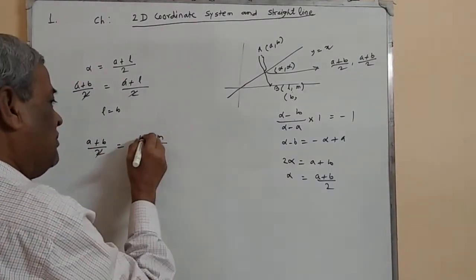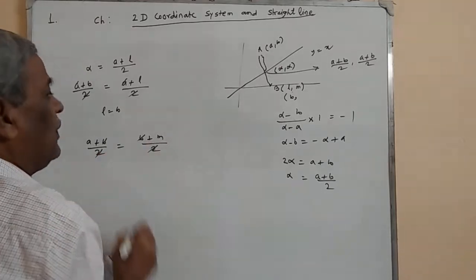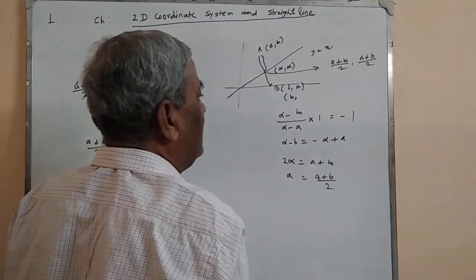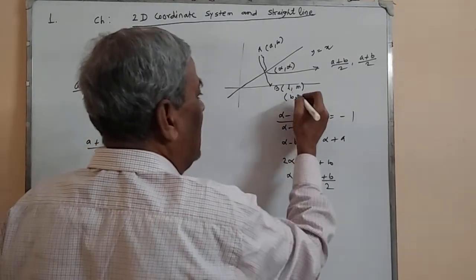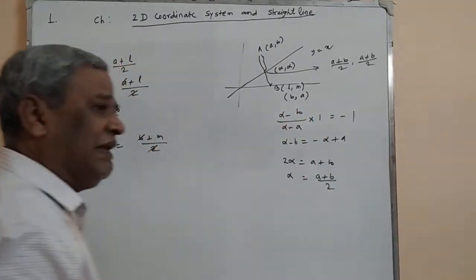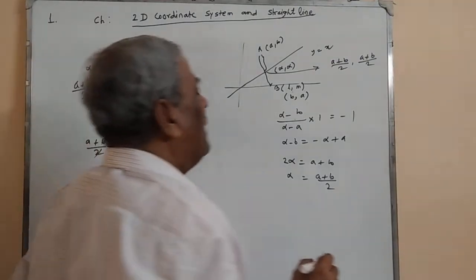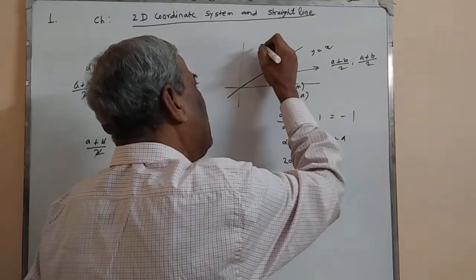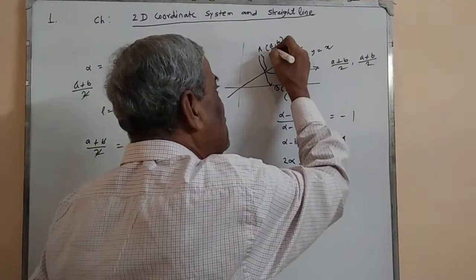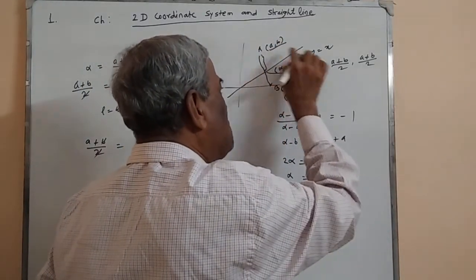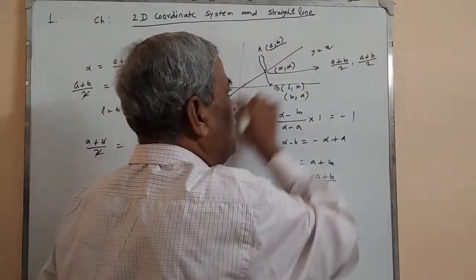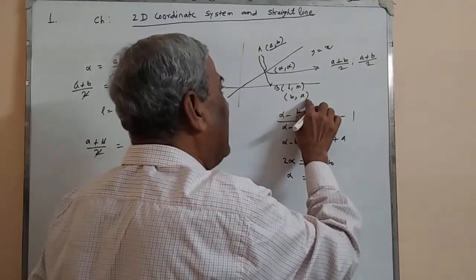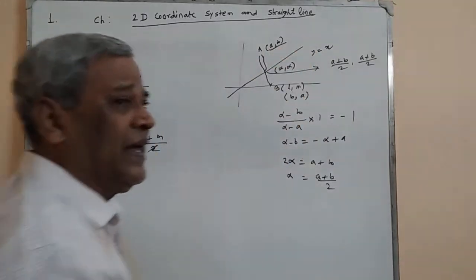The 2 cancels, B cancels, M is equal to A. M means the y coordinate of the image point, now it becomes A. Then we have to keep in mind that the image point of a particular point AB with respect to y is equal to x is B comma A, just reverse the order.